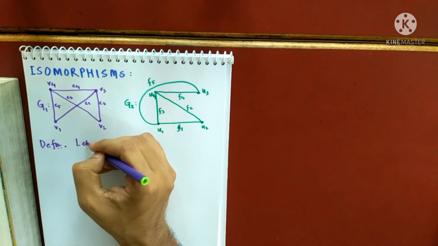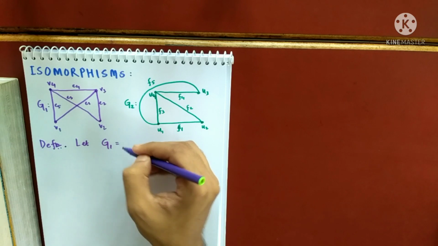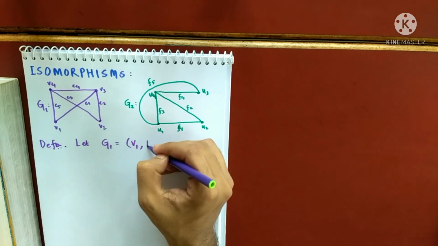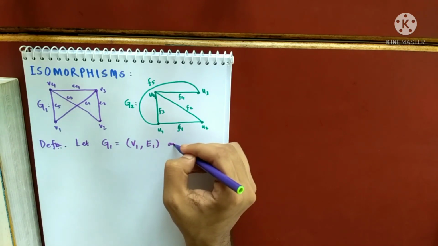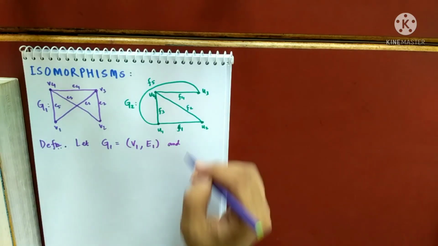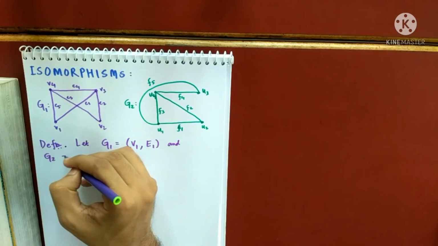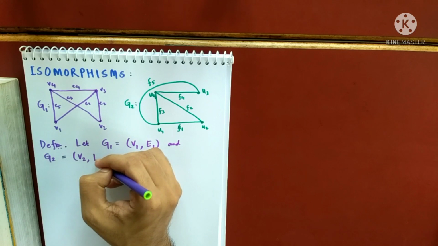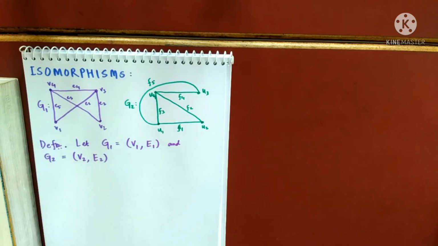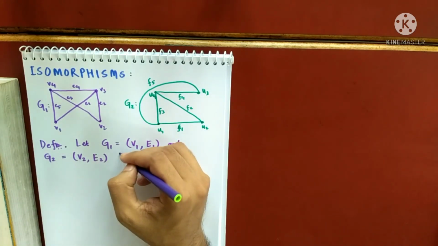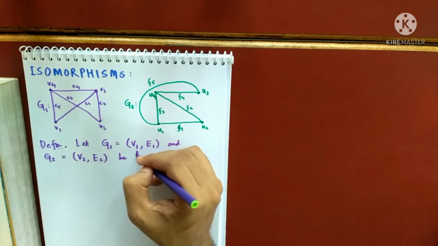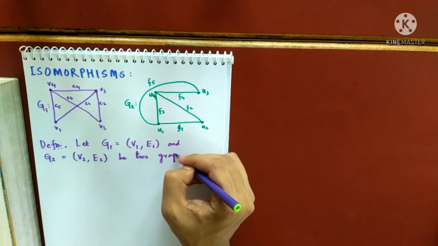Let G1 be some graph, having some vertex set V1 and some edge set E1, and G2 be another graph, having some vertex set V2 and some edge set E2, be two graphs.